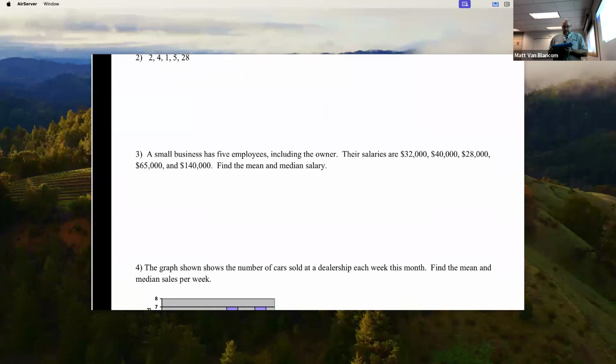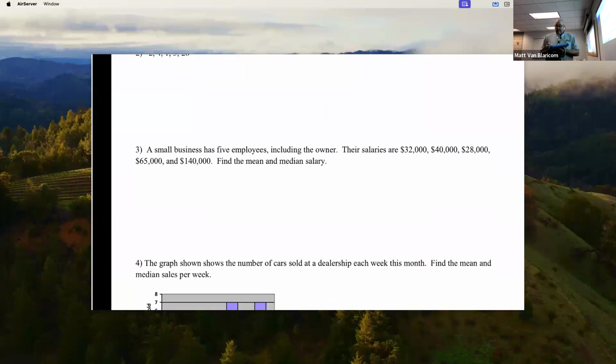When I'm doing things that have larger values, see how these have all these zeros? I'm going to play with that and say, you know what? I can keep all the extra zeros, but at the end of the day, they're going to go back in. I'm just going to shortcut it by saying, look here, we have 28, 32, 40, 65, and 140.